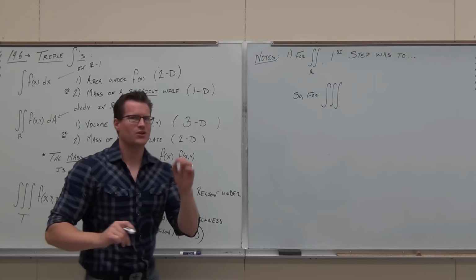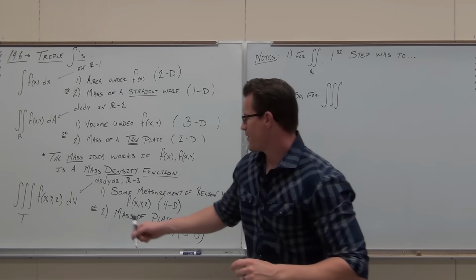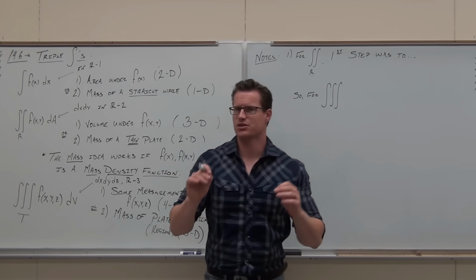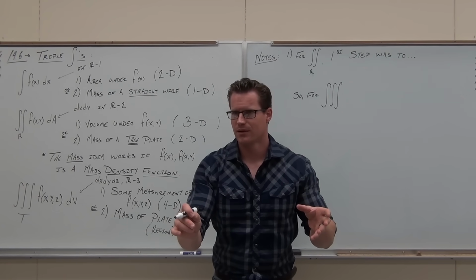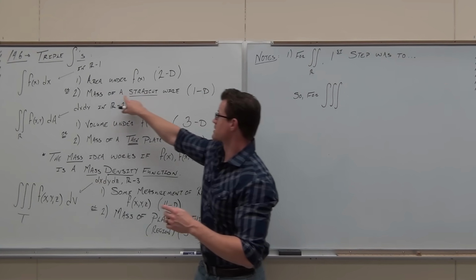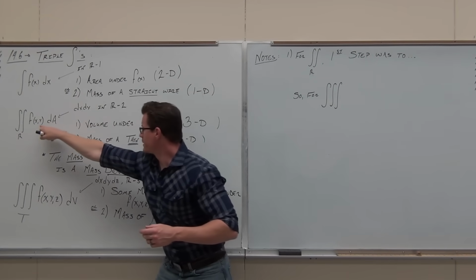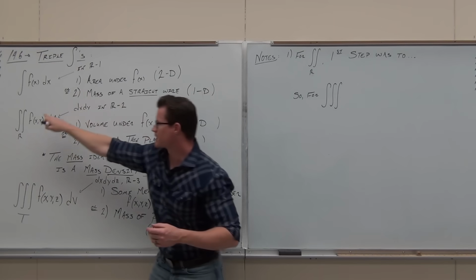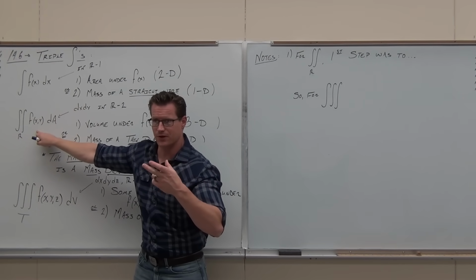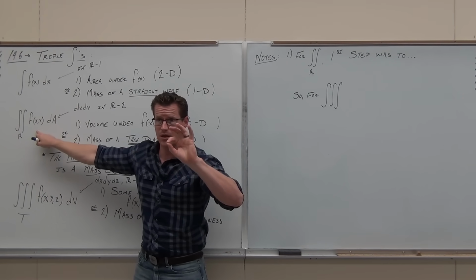But it only works if f of xyz represents what? This only represented the mass of a straight wire if f of x was a mass density function. This only represented mass of a thin plate if f of xy was a mass density function, telling us the mass at any point along that thin plate. Does that make sense to you?